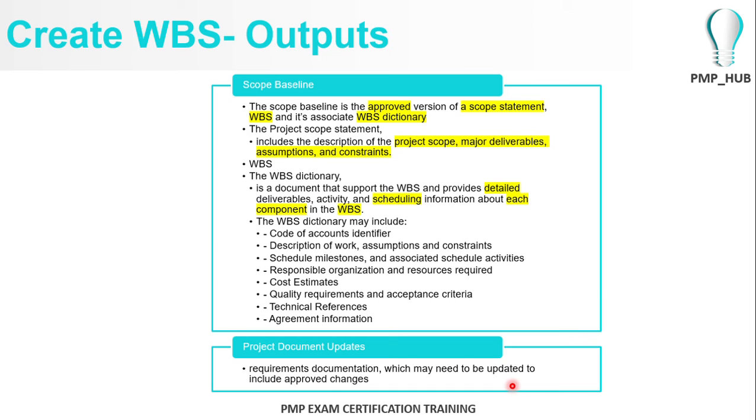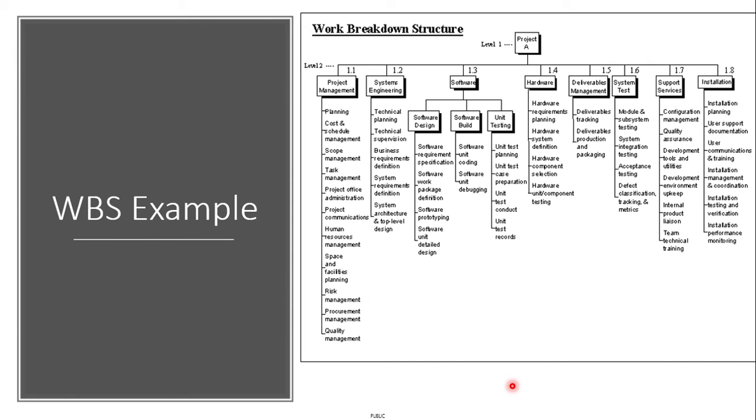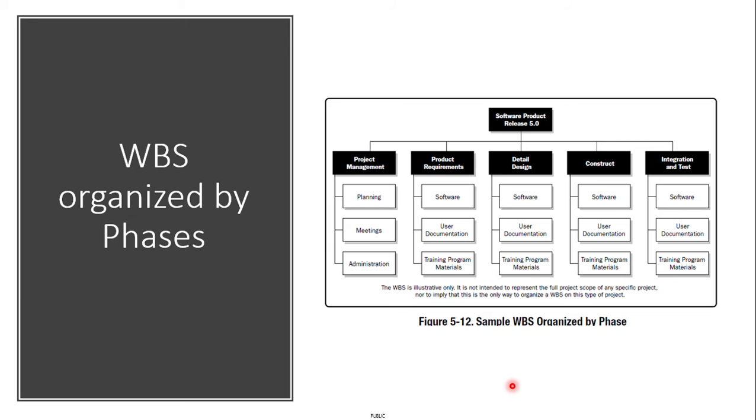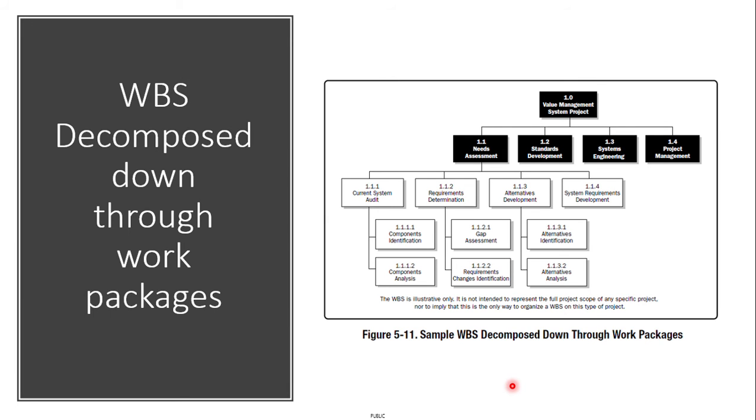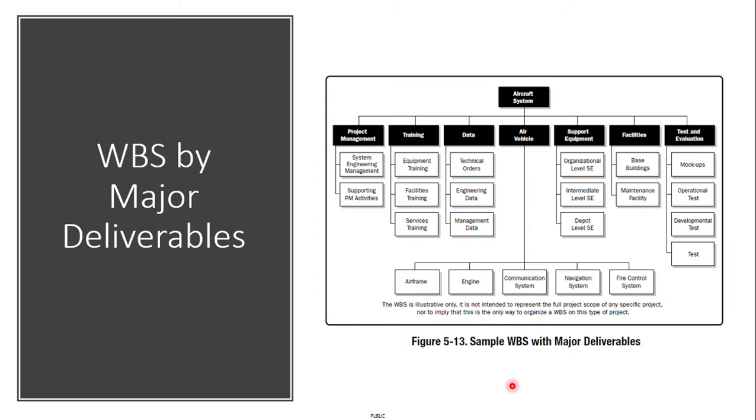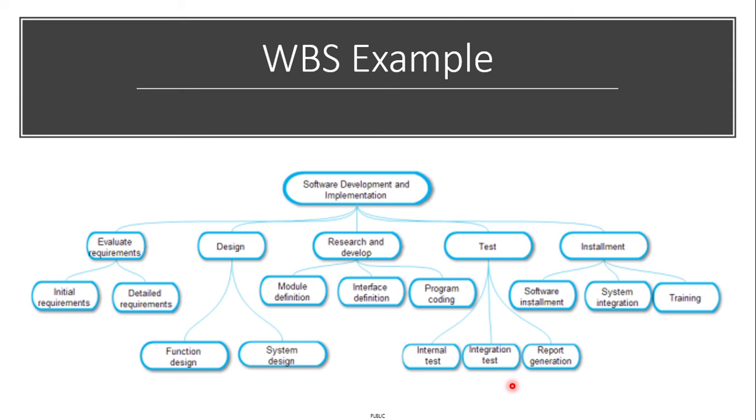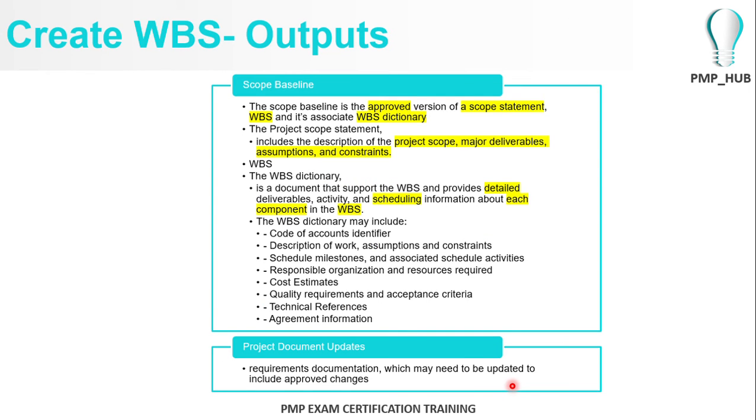What specific details you want to include, we can have something called a dictionary, like the data dictionary in a database. So we'll have a work breakdown dictionary, where you can have an Excel sheet or whatever it is with some columns. You define 1.1.4 system requirement development, and you describe what you meant by that decomposition, the sub activities, who is responsible for that, what resources are required, and what budget you allocate for this WBS section only.